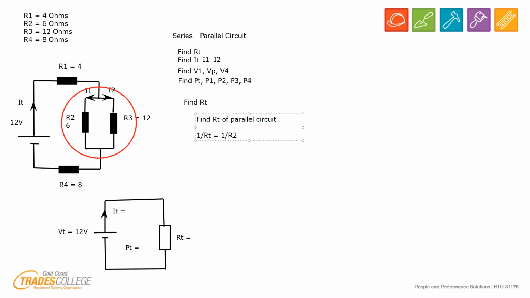Remember, it's R2, not R1, because of the circuit that we're working on. Plus 1 divided by R3. Let's put the numbers in. So 1 divided by, what was R2? 6, plus 1 divided by, what was it, 12?